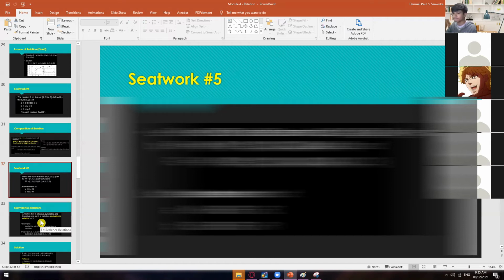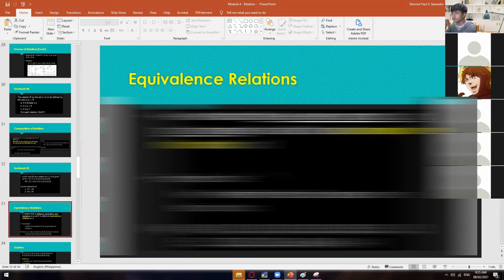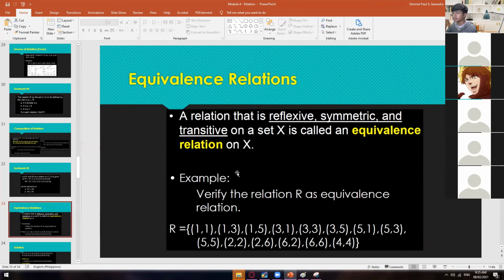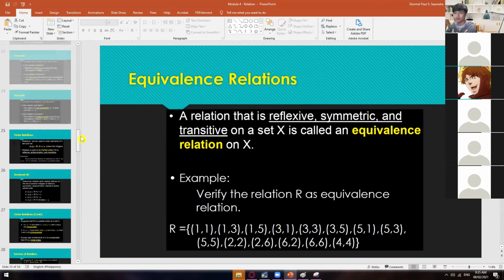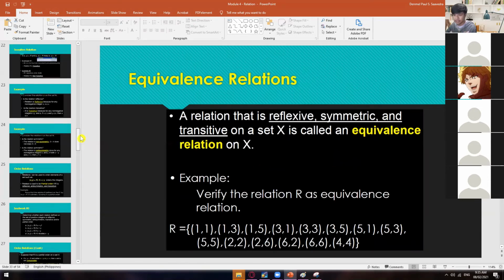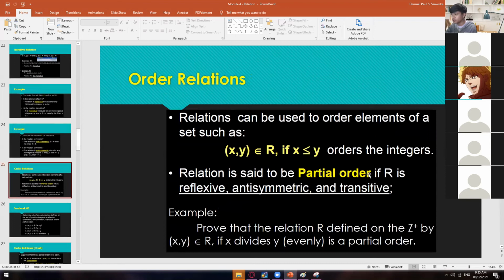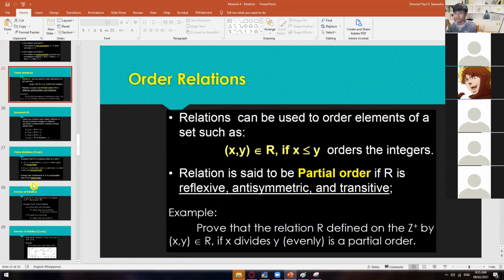All right. So moving on, we have here the equivalence relation, another type of order or relation. Before, we had the partial order, wherein we have RAT, which is reflexive, anti-symmetric, and then transitive.